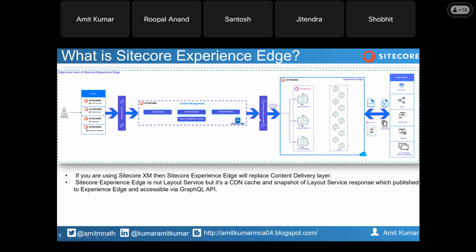But don't confuse that with a CD. It's not a CD. It's just content as a service, a plain vanilla GraphQL Edge API endpoint. That's it. So now you have the data via API. Now you need to implement your head. Head means how the presentation will look.